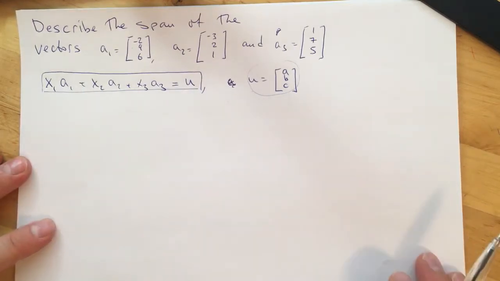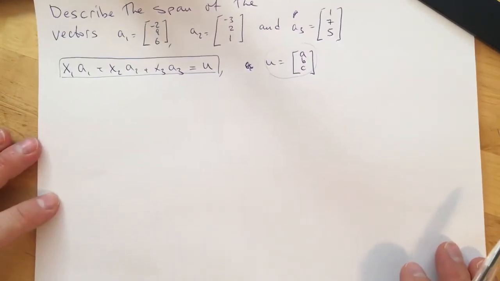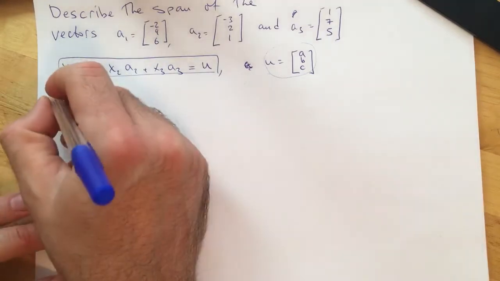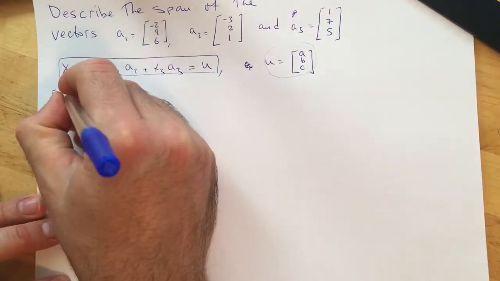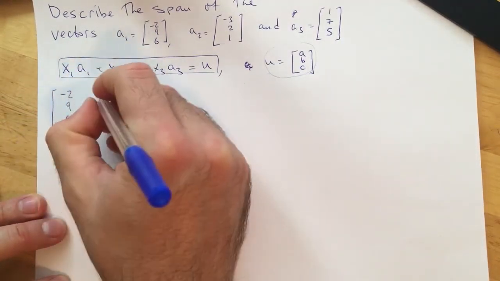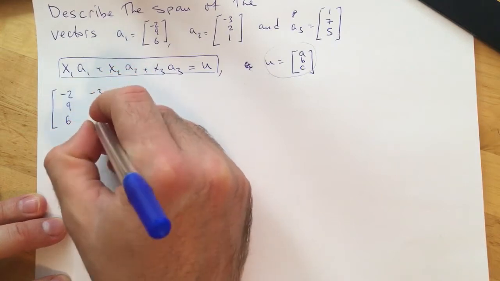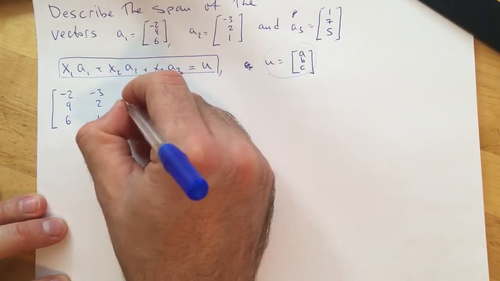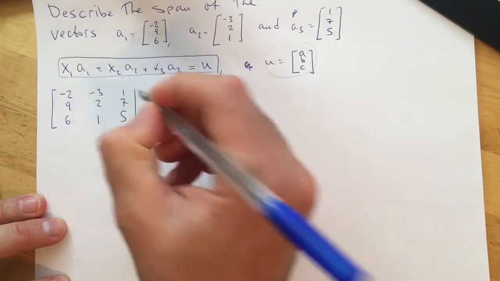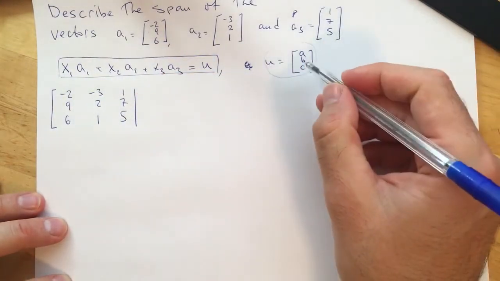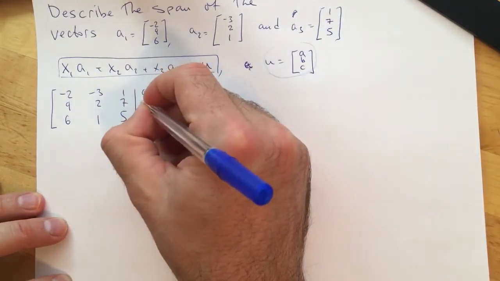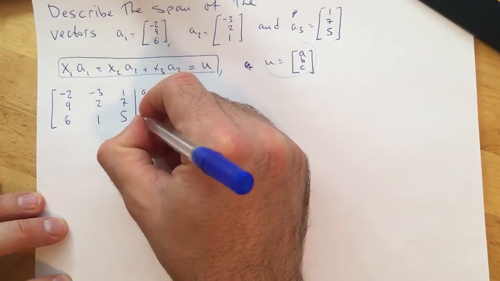Once you have set up the equation, you should know now what to do. You should create this matrix, the same that we did: -2, 9, 6, -3, 2, 1, 1, 7, 5. And now I put the most general three-dimensional vector, a, b, c.